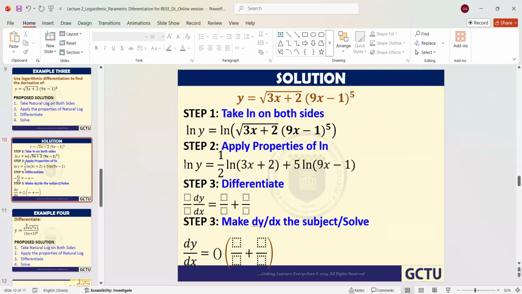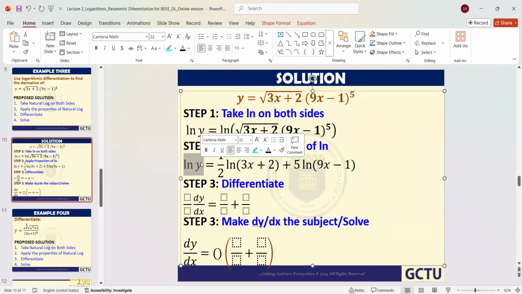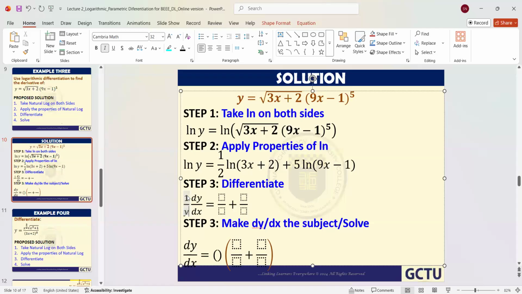We are differentiating natural log of y. Because our differentiation is dy dx, then it will have to be 1 over y. First, find the differential of natural log of y. That will give you 1 over y, like a natural log of x gives us 1 over x.